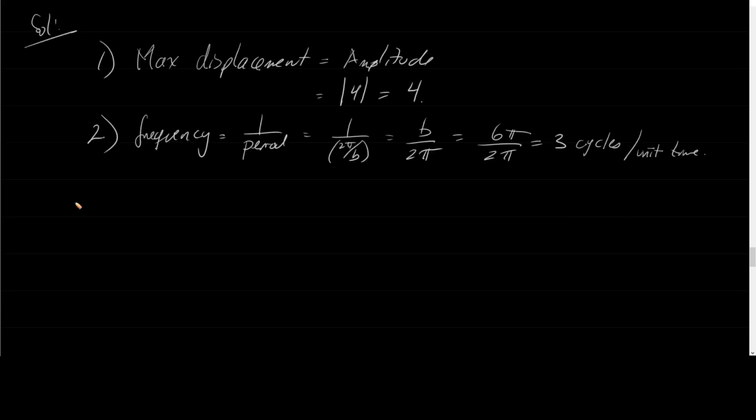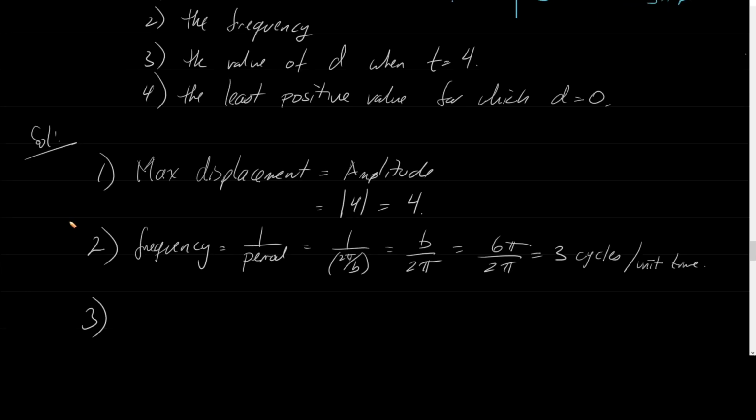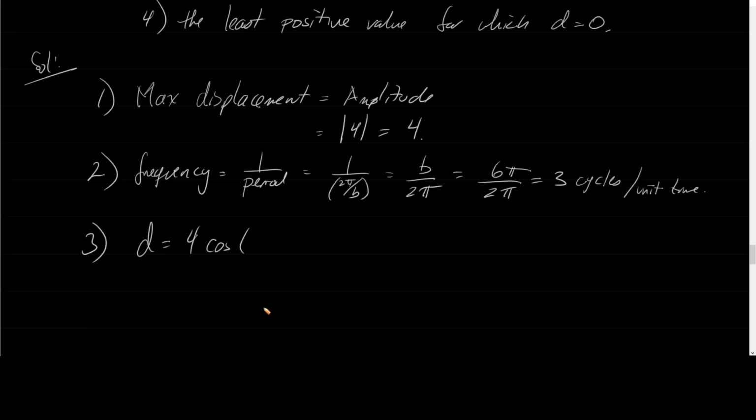The next thing that we had was the value of d when t is equal to 4. So we know that d is equal to 4 cosine of 6 pi t. And we want d of 4, so it's going to be 4 times cosine of 6 pi times 4. 6 times 4 is 24, so I have 4 cosine of 24 pi.